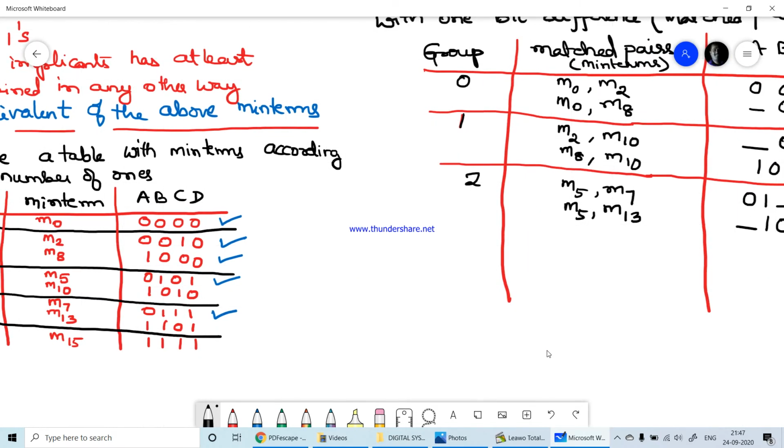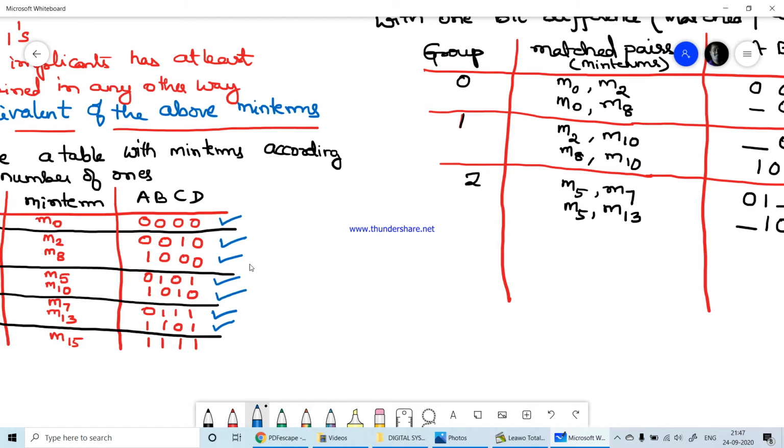Now M13 has been used for grouping, so I'll tick M13. M10 is not ticked yet because it is not used for grouping here, but anyway, M2 is grouped with M10, so I can tick M10 because it is already used for matching.